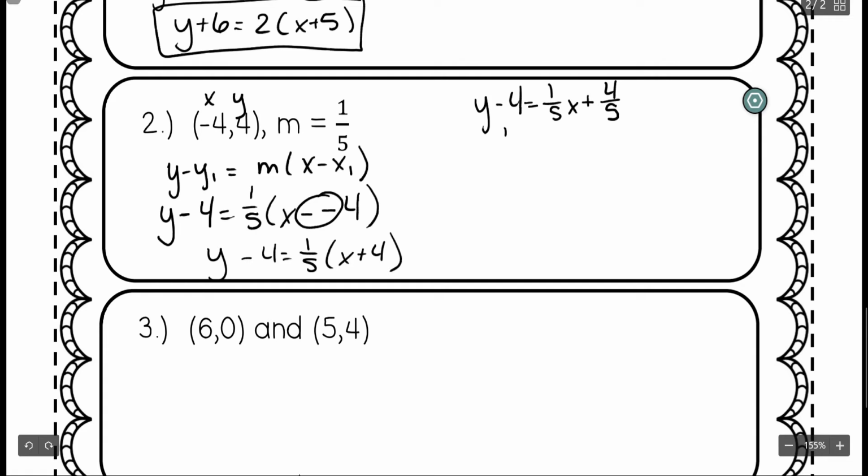We just need to add this 4 over. y is equal to 1/5 x. Well, I can't add 4 and 4/5 without common denominators, typically, except 4/5 is not an improper fraction. So you could change the 4 into an improper fraction, or we know that 4 plus 4/5 is 4 and 4/5.